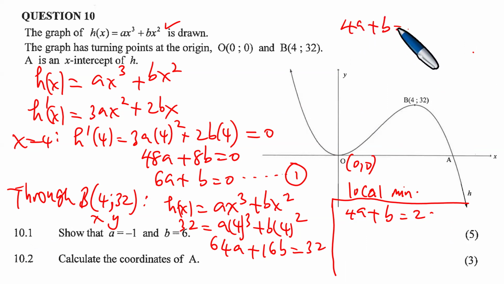So in the end, we have the following. 4a plus b. So that we have 6a plus b equals that, which is minus 6a.